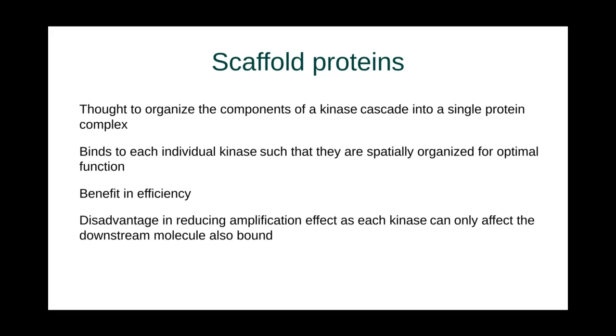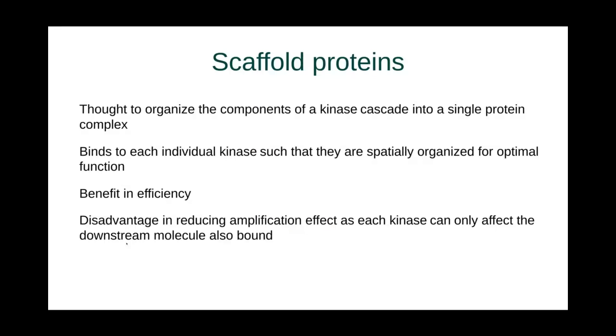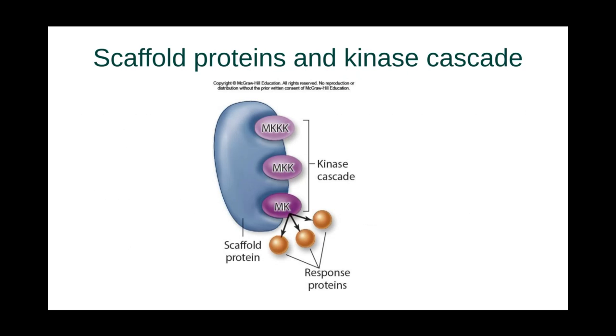Now, eukaryotes aren't exactly the most optimally functioning cells, not like bacteria are, but this is definitely a great thing for them because it organizes and keeps a function relatively contained. But the reality is there also puts them at a disadvantage because having a scaffold protein like this can reduce amplification. Because the idea is that one kinase can only affect one other kinase, not one kinase affecting multiple kinases. So let's look at what that looks like.